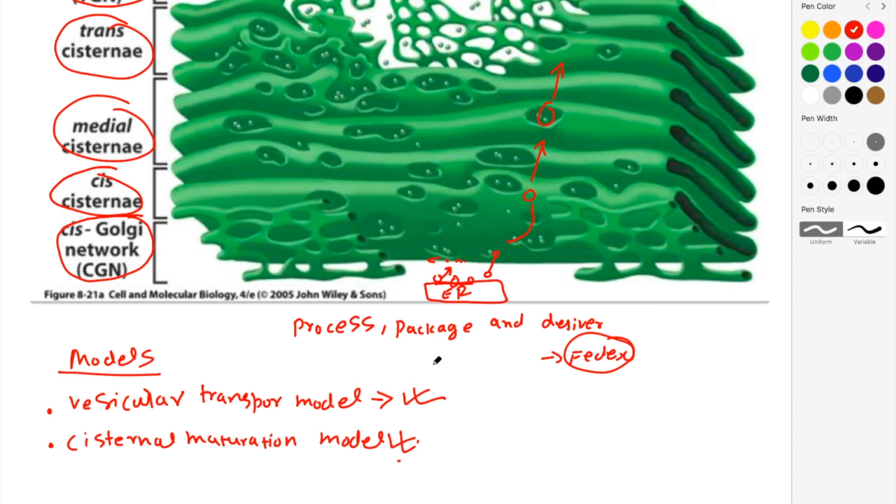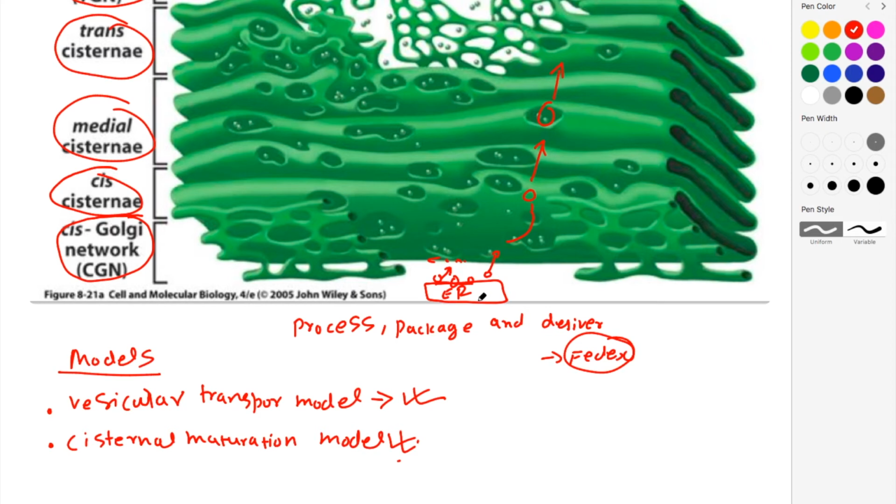And to prove whether it was true or not, whether it is supported or not, they did a series of experiments. What they did is they stopped the budding process of the ER, so there was no vesicle formation. And what they saw is that the Golgi complex disappeared after that.